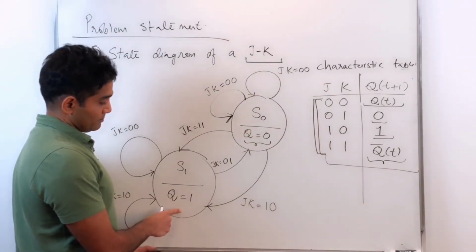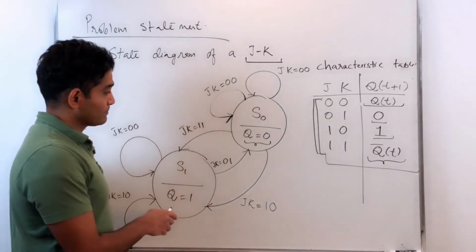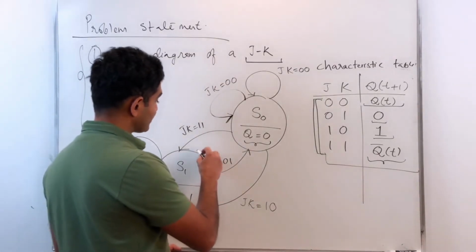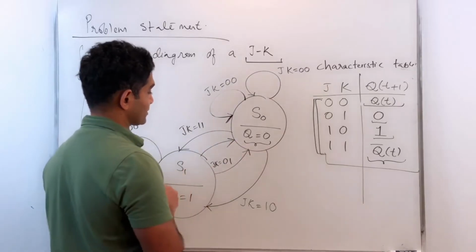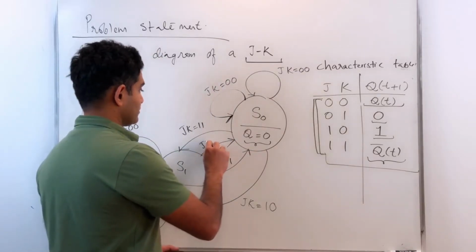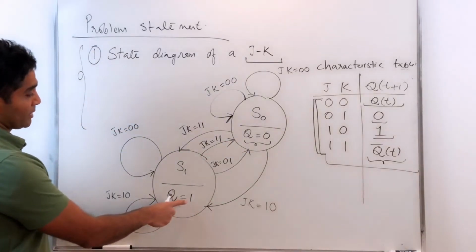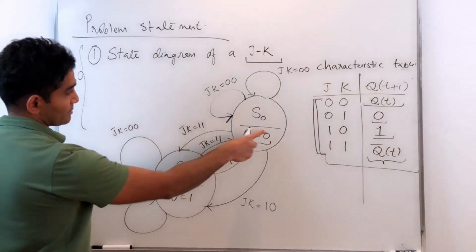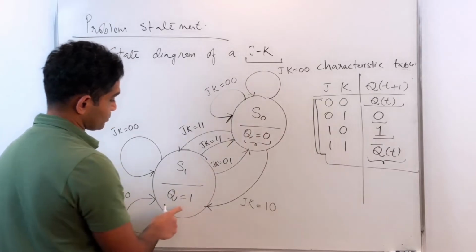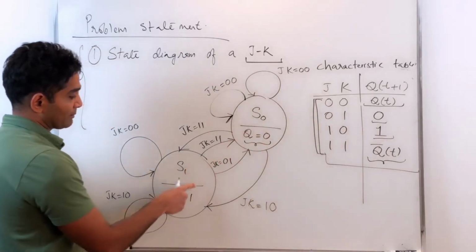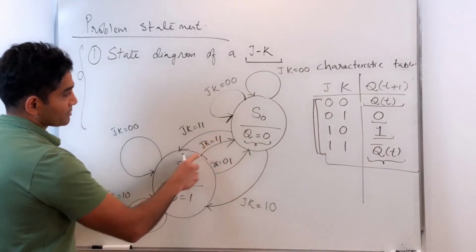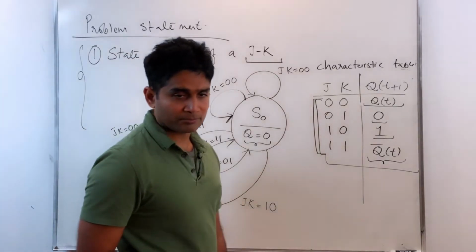I should transition to the next state, right? Or to the S0 state. Right? Because I toggle. My output in the next clock instance should toggle. So it should toggle from 1 to 0. When I'm in this state, 1, 1 occurs, I should toggle to 0.